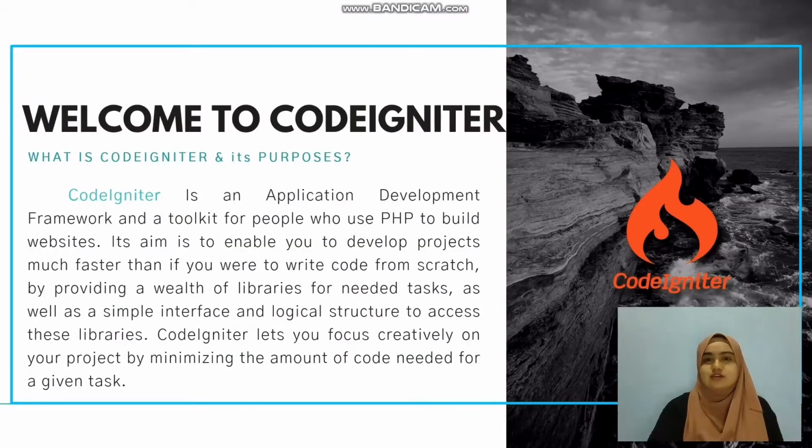So what is CodeIgniter? CodeIgniter is a light web application framework that was written in PHP. It adopts the Model View Controller approach to development. CodeIgniter was built by BCIT, and the first version of CodeIgniter was released on 28 February 2006.